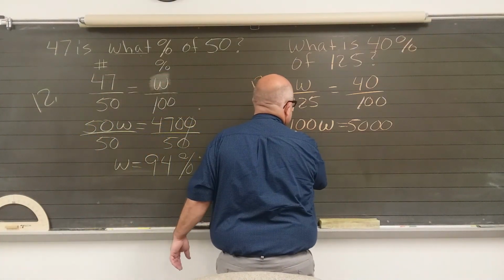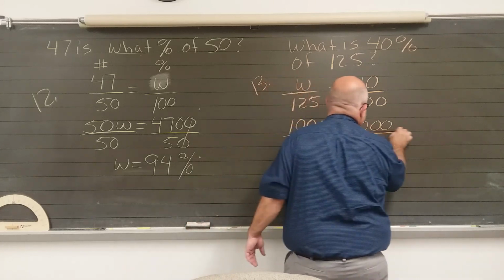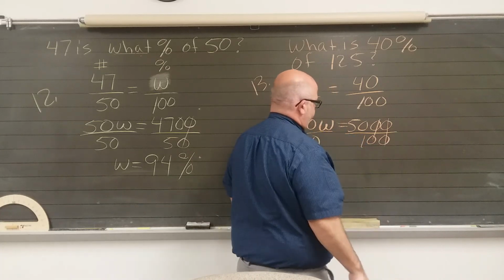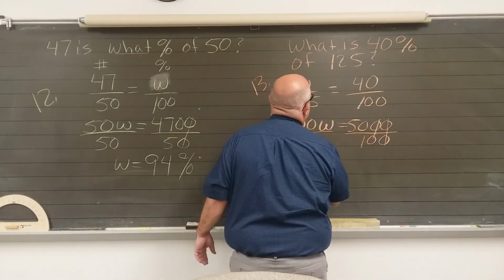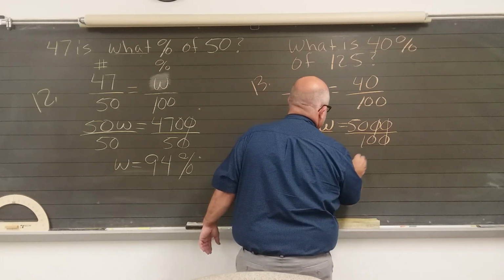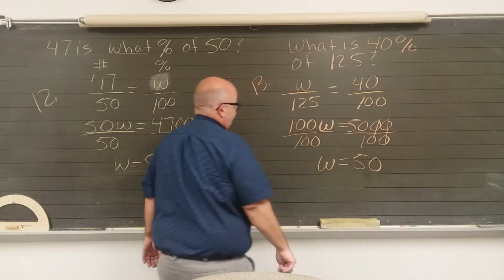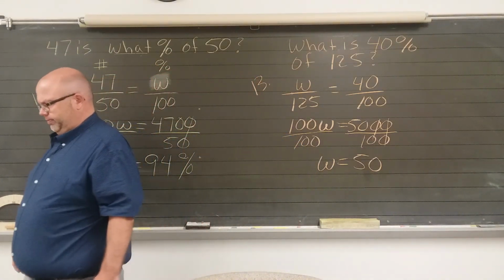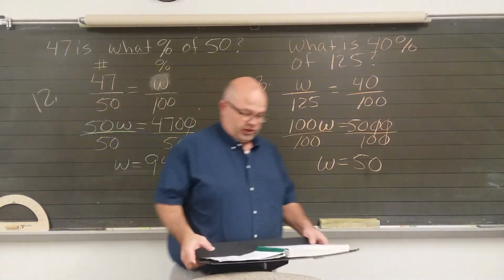So then you divide by 100 to get rid of the 100, so all you have left is W. Divide this by 100, hack 2 zeros off. 5,000 divided by 100 is 50, and that is not a percent. 13, W equals 50. All right, so that's 12 and 13.